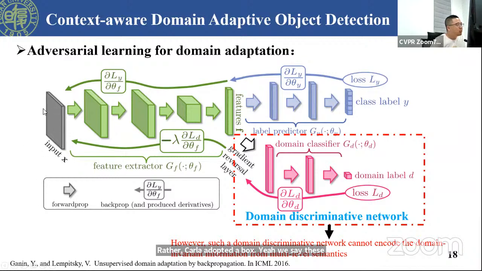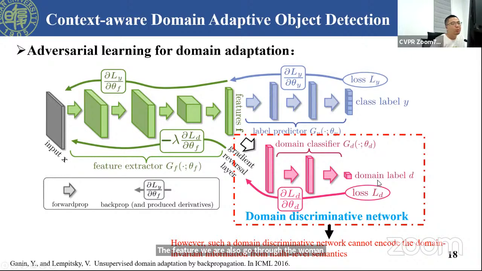For an input image, it first goes through the green backbone feature extraction process. Then the extracted feature goes through a classification network, which gives a class label for the predicted feature. Meanwhile, in the domain adaptation process, the feature also goes through a domain classifier.